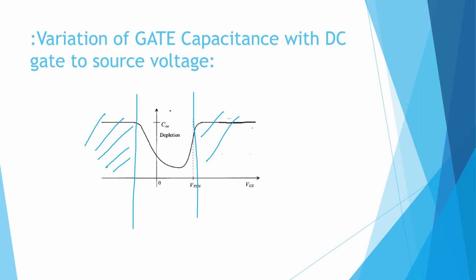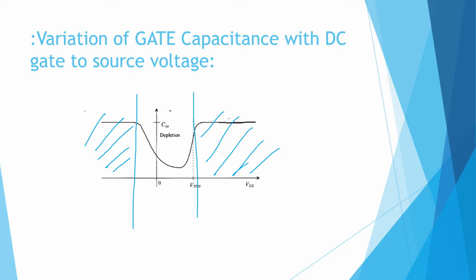Keeping source and drain both grounded and applying a very high negative gate potential realizes the MOSFET as a capacitor, or otherwise, another way is to apply a very high positive gate potential, keeping source and drain grounded.